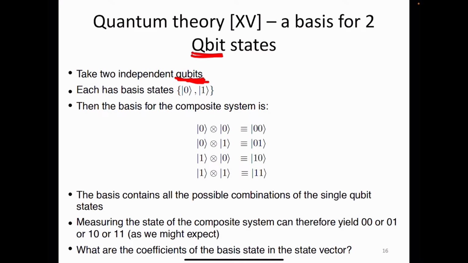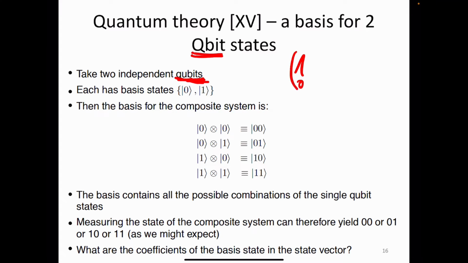So let's say we take two independent qubits, each has the basis states 0 and 1, and the basis for the composite system, if you do the tensor product here, is 0 0, 0 1, 1 0, 1 1. We can try that out. If we look at the state 0 0 here, let's write that down.